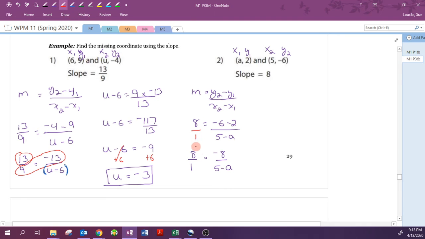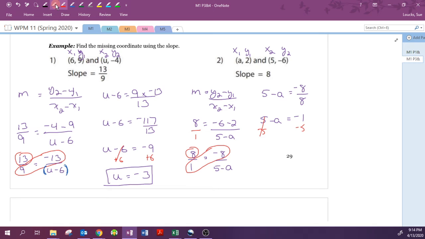And then if I cross multiply and divide, I get 5 minus a equals negative 8 divided by 8. So 5 minus a equals negative 1. And then I'm going to subtract 5 from both sides.